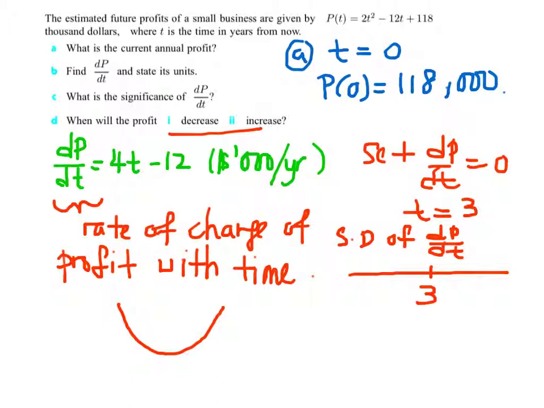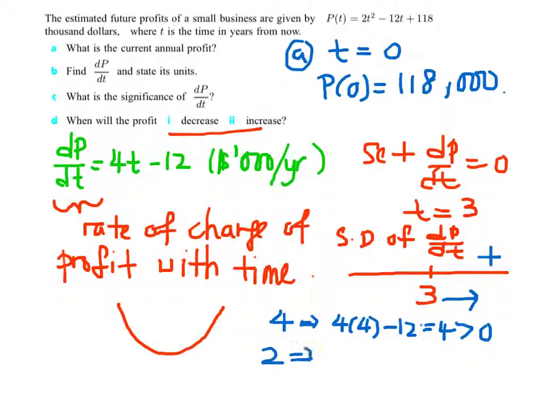Say we choose a value greater than 3, say 4, and substitute into the function to check its sign. 4 times 4 minus 12 is positive, so to the right of 3 we have a positive value. If we check with 2, we get 4 times 2 minus 12, which is definitely negative. So to the left of 3 is negative.